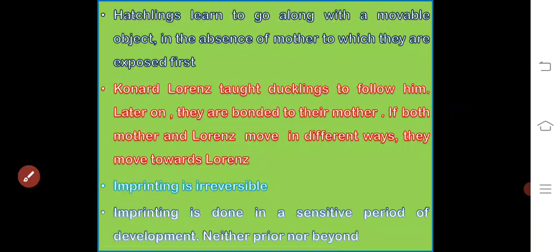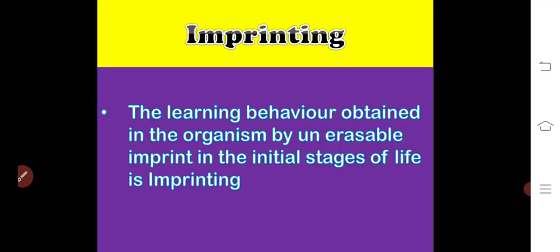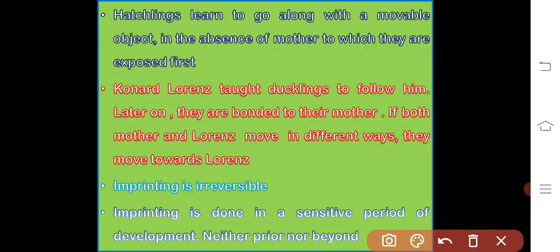If you see the hatchlings which are newly born, they learn to go along with a movable object in the absence of the mother, to which they are exposed for the first time in their life. Those hatchlings which come out from the egg in the absence of the mother follow the movable object to which they are exposed first.